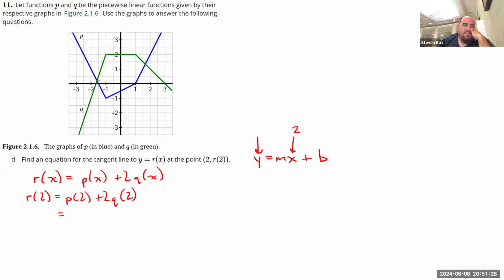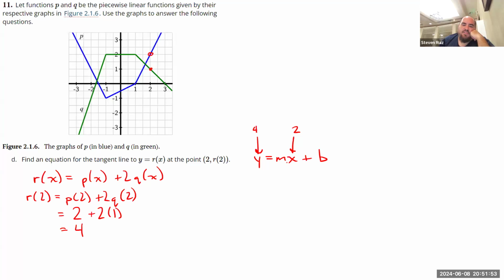What is p of 2? P of 2, that's the blue curve. So when x equals 2, I think I also have y equals 2 plus 2 times q of 2. So on the green curve, where x is 2, the green curve has a y value of 1. So I think my corresponding y value from the function r is 4.